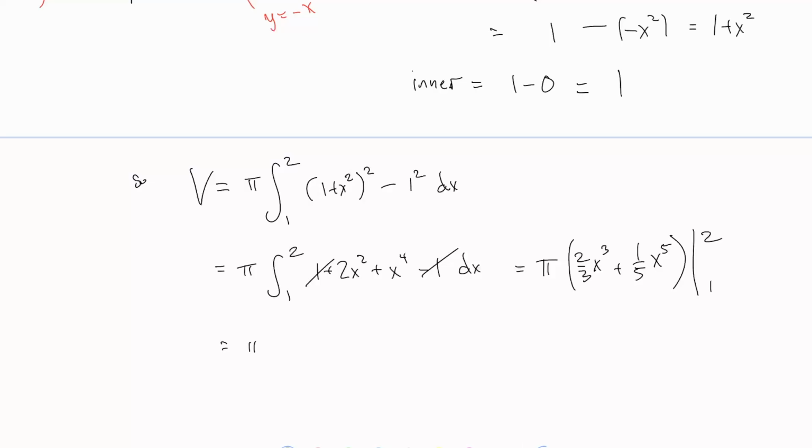You get whatever you get. Pi times 2/3 times 2 cubed plus 1/5 times 2 to the 5, minus pi times 2/3 times 1 cubed plus 1/5 times 1 to the 5. That's that. This is my answer.